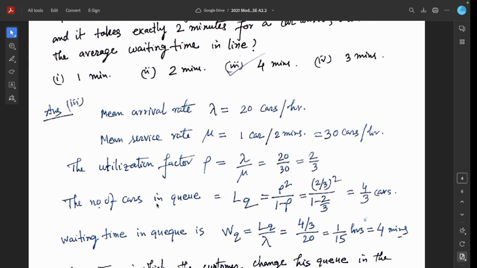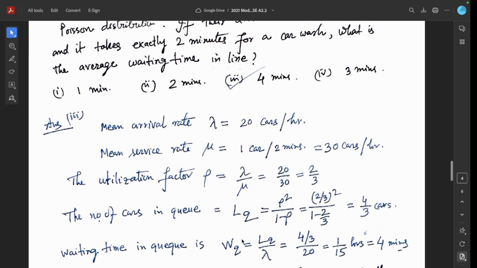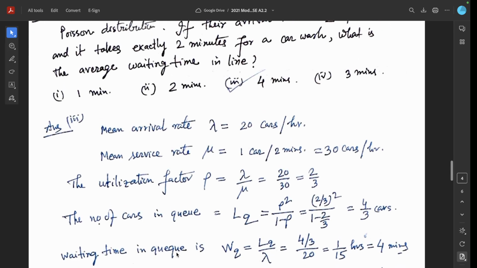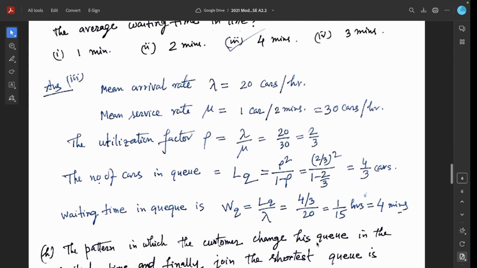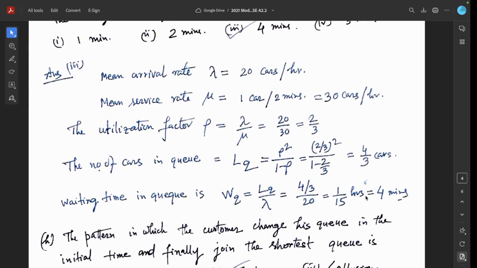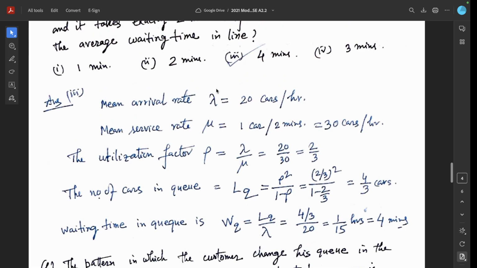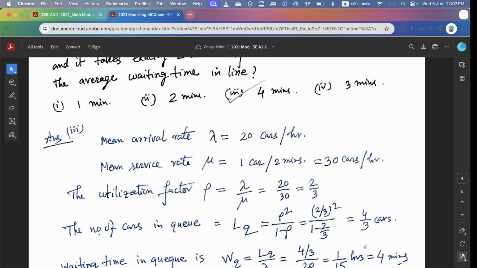So the number of cars in the queue, that is Lq, is equal to rho square by (1 minus rho), which is equal to 4 by 3 cars. And the waiting time in the queue is Wq, which is equal to Lq by lambda, equal to 4 by 3 by 20. So this is equal to 1 by 15 hours, that is equal to 4 minutes. So the correct option is 4 minutes.